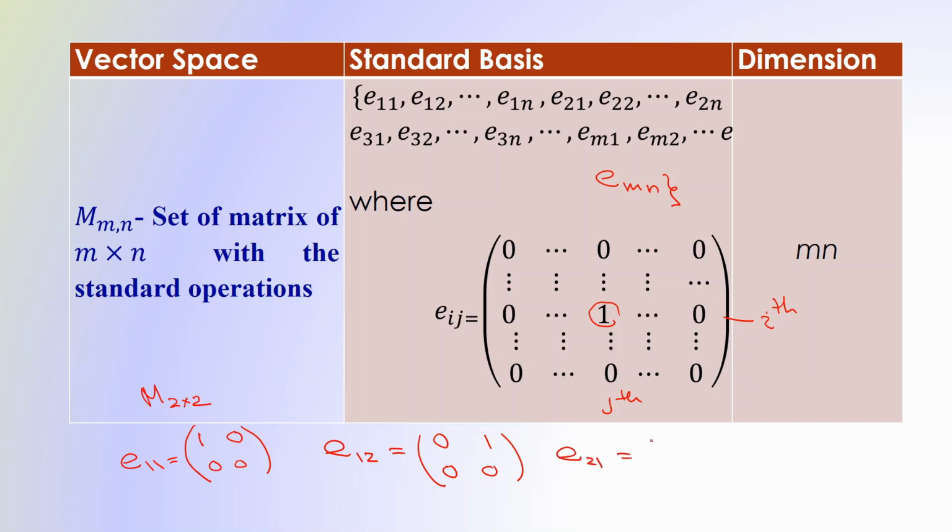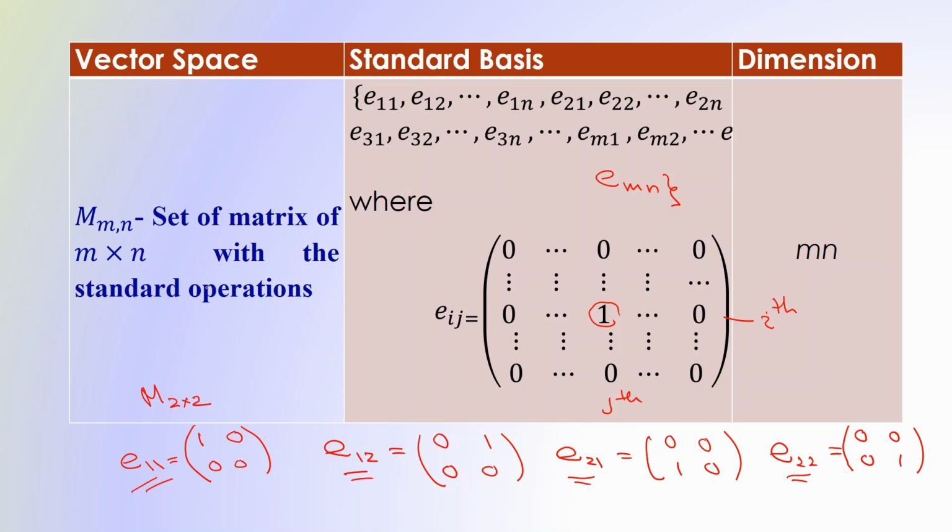E21 is 0, 0, 1, 0. E22 is 0, 0, 0, 1. So these matrices E11, E12, E21, E22 form a basis for M22, and it contains 4 elements, 2 times 2. So the dimension is 4.